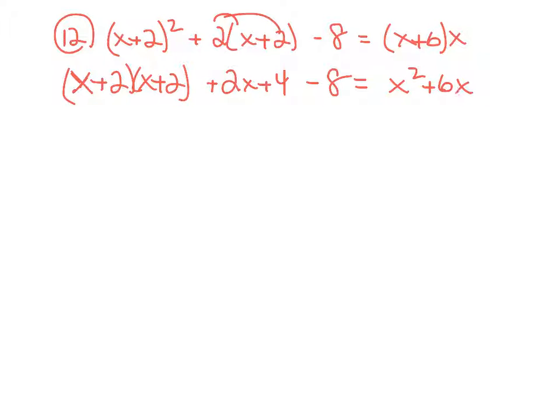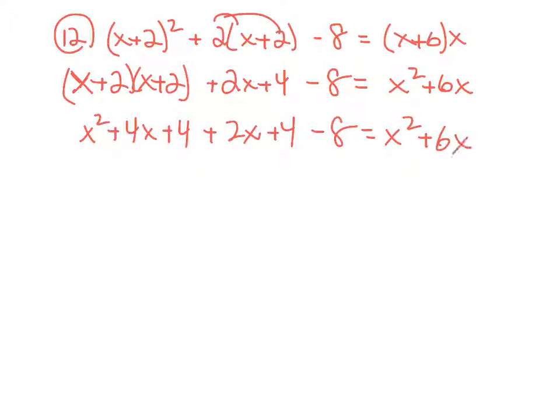And if you read the question, it says which one has been rewritten correctly to form a true statement. So I'm going to keep going on the left here. So I get x squared plus 4x plus 4 plus 2x plus 4 minus 8 equals x squared plus 6x. So I just want to see if it's the same.